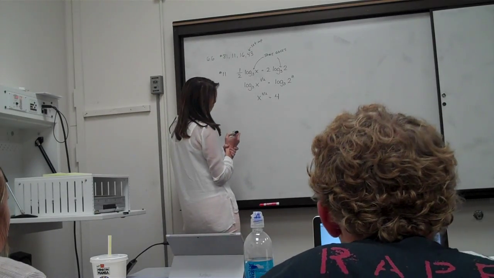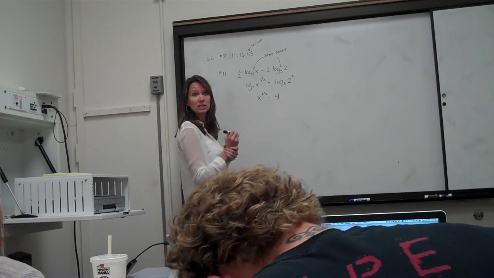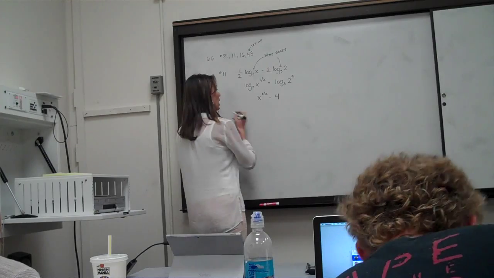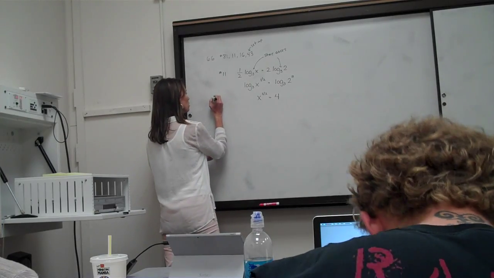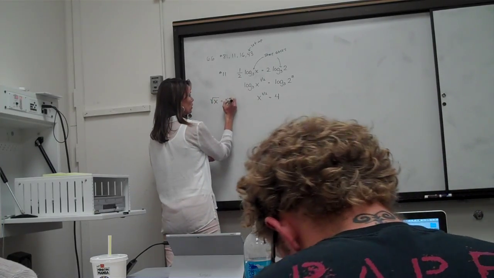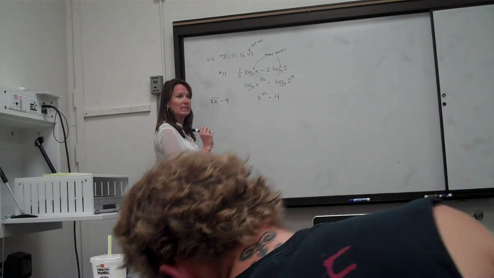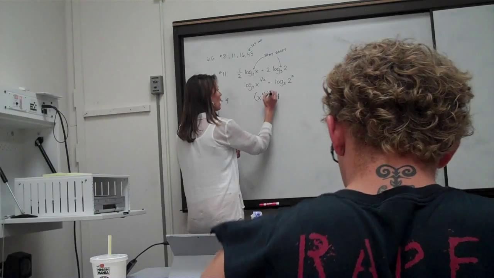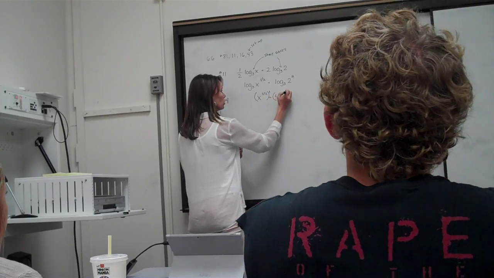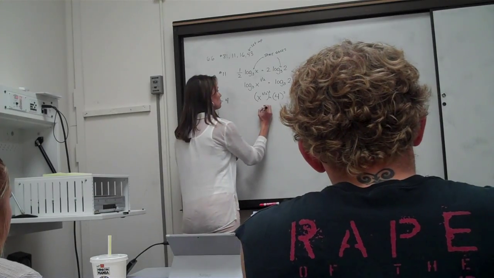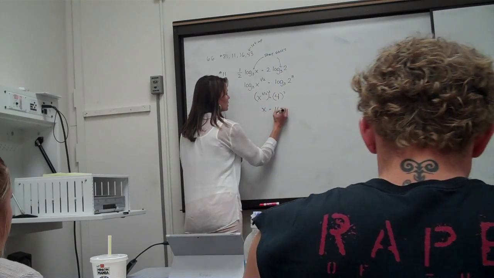Not square root, because it actually is a square root here. You'd square it. x to the 1/2 is the same as the square root of x equals 4, so the answer is not going to be 2, it's going to be 16. You take it to the power of 2, so that 1/2 times 2 is the power of 1. That gives me x equals 16.